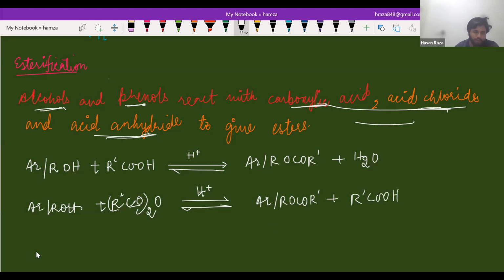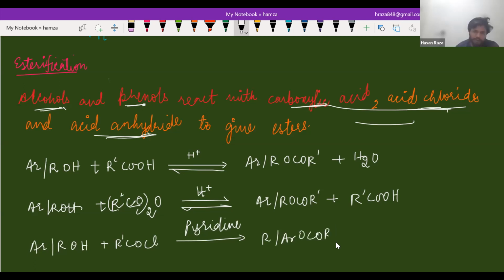And if you are going to react an alcohol, R-OH, reacting with acid chloride, that means basically R'-COCl, in the presence of pyridine, then we will get R-O-CO-R' along with HCl.